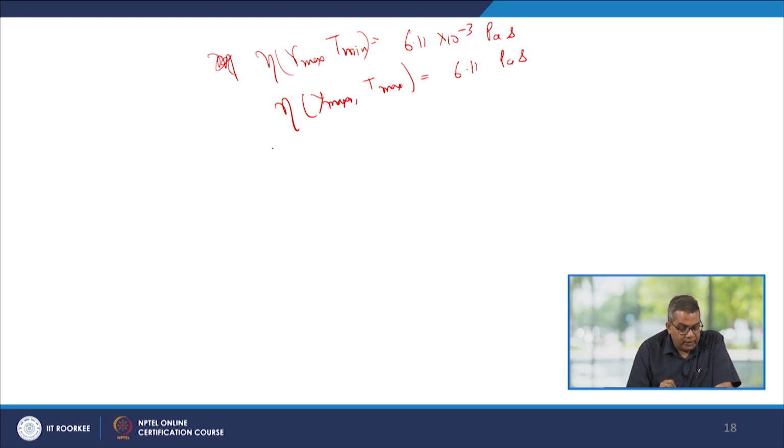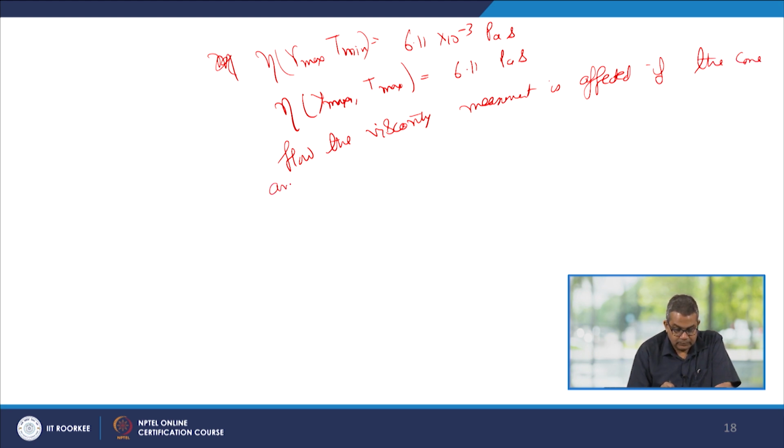Now we can evaluate how the viscosity measurement is affected if the cone angle remains constant but the radius is reduced to R1 is equal to 12.5 mm.